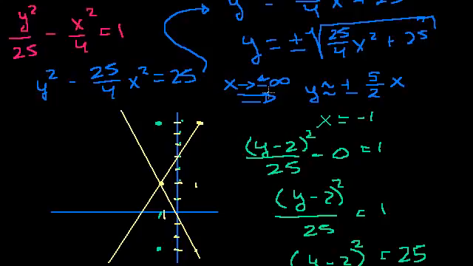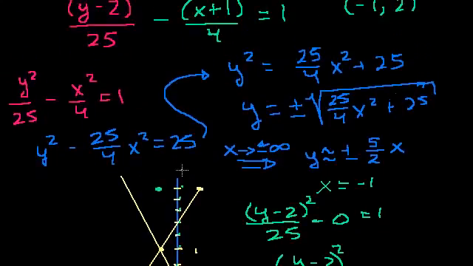The other way to think about it is when you take the positive square root, you're always going to be a little bit above the asymptote. The positive square root is the top line. This is the asymptote, but we're always a little bit above it.